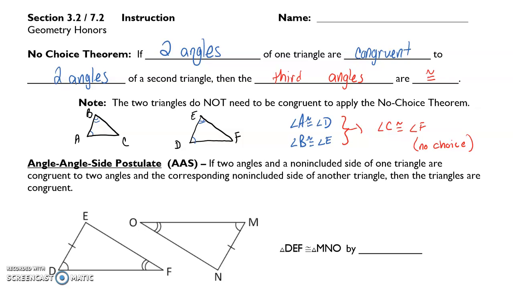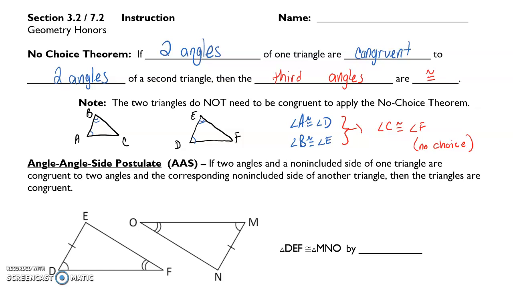Now, three congruent angles does not tell you your triangles are congruent, because I can come up with an infinite number of triangles that are, say, all 60-degree angles. They'd not have congruent sides, so congruent triangles have to have congruent sides and angles. Three angles is not enough. We've learned so far the postulates of side, side, side congruence.